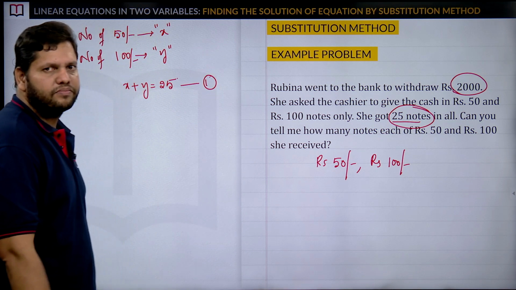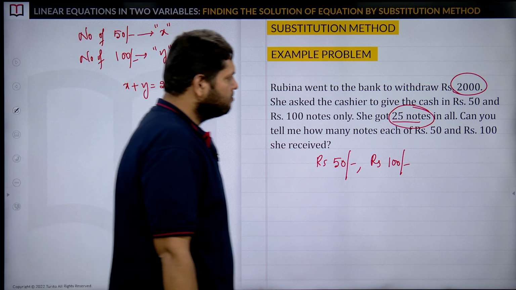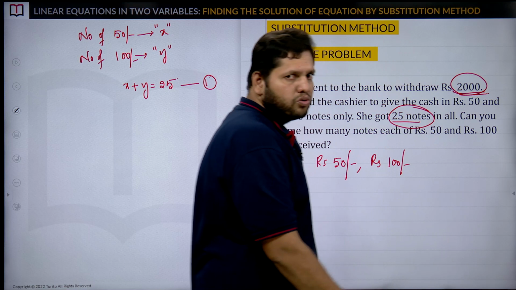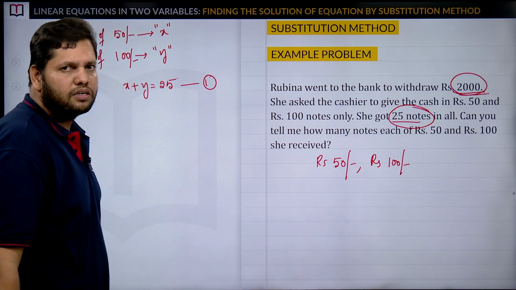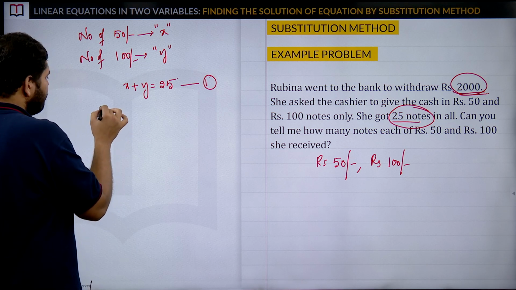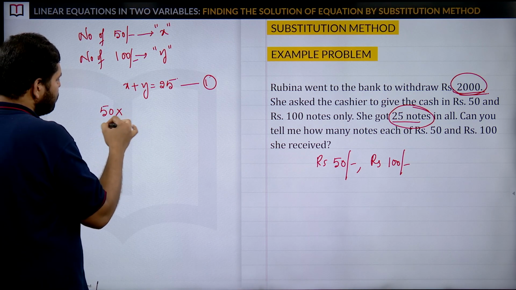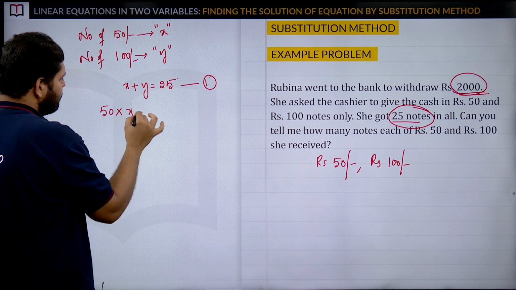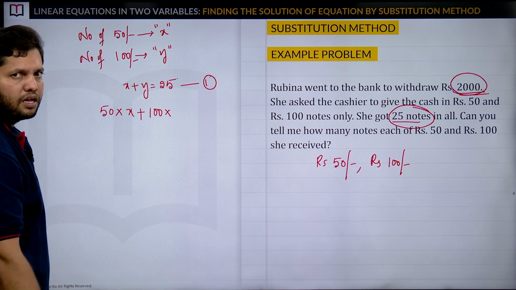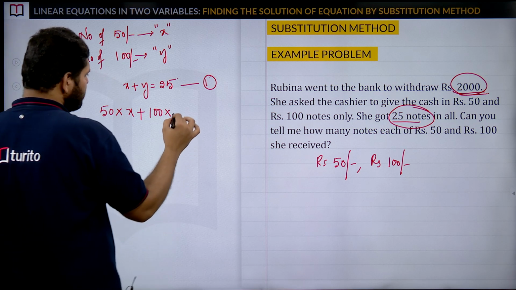Next one. Children, what is the total amount here? The total amount is equal to rupees 2000. So how can we write this 2000, children? I want to find the total value. So the value we can write as 50 rupees into the number of notes, which is 50x. Then 100 rupees, the number of notes is y, so we can write 100 into y.